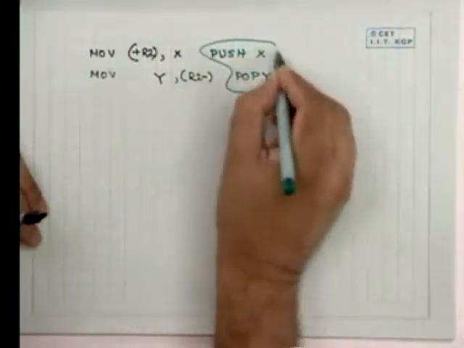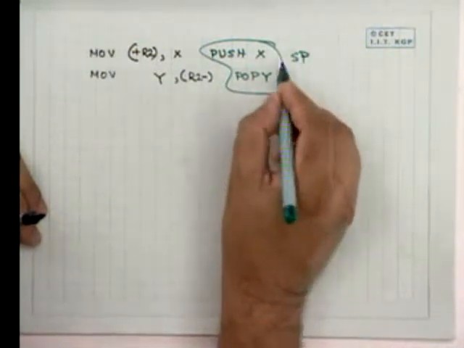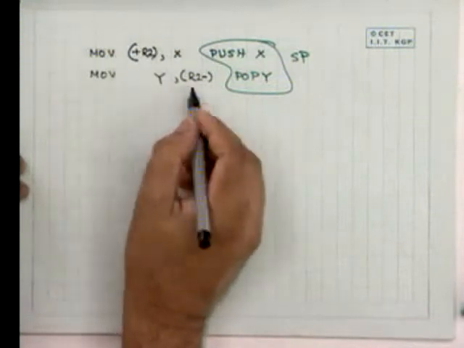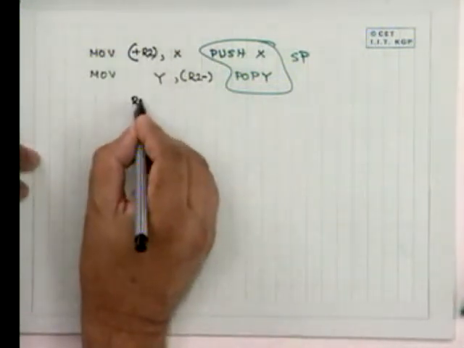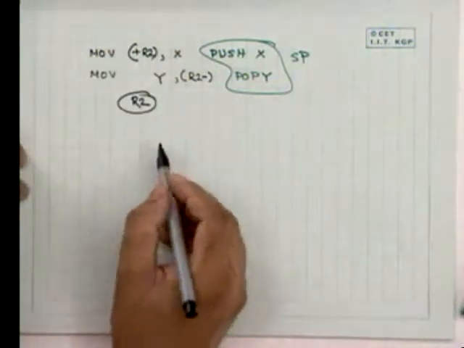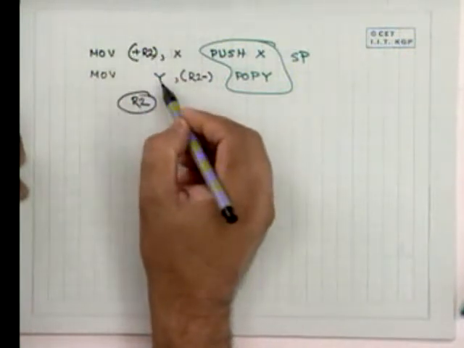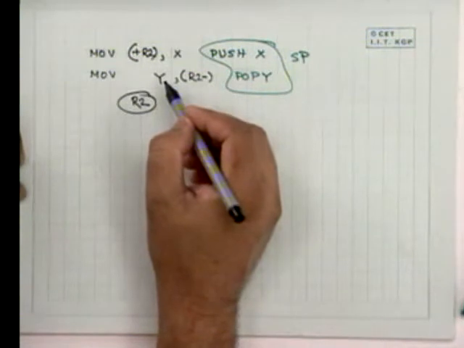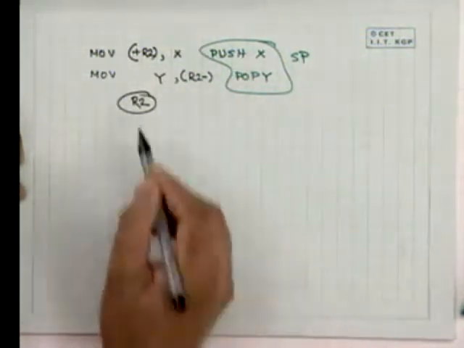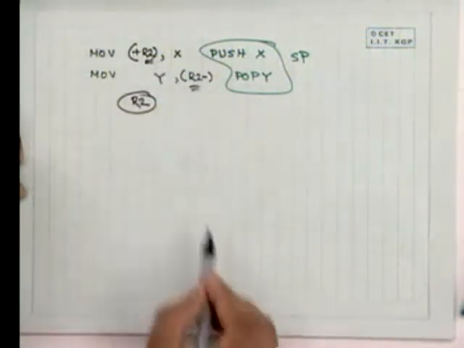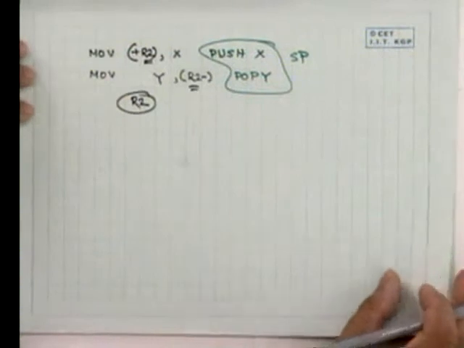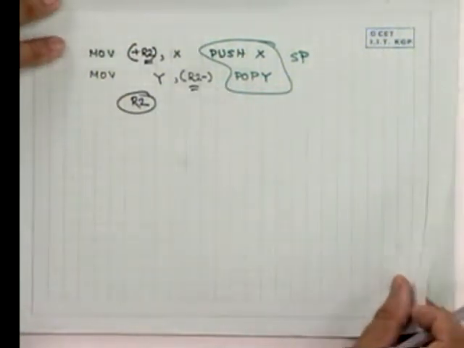Here the system is using the stack pointer, and there the user is specifying R2 as if it were a stack pointer. Therefore, with this addressing mode, the user can have as many stacks as he wishes to define in his program and can use any of the registers like R2, R1, etc. Now, this is the register indirect addressing.